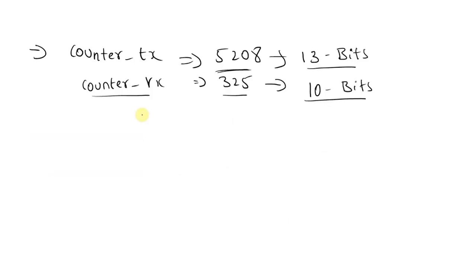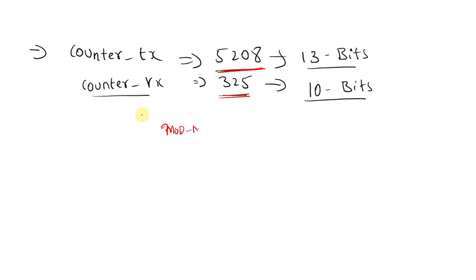So for the transmit enable counter, this many cycles are required, and for the receive counter, this many cycles are required. So you need to calculate the mod of a counter. How do we calculate it?